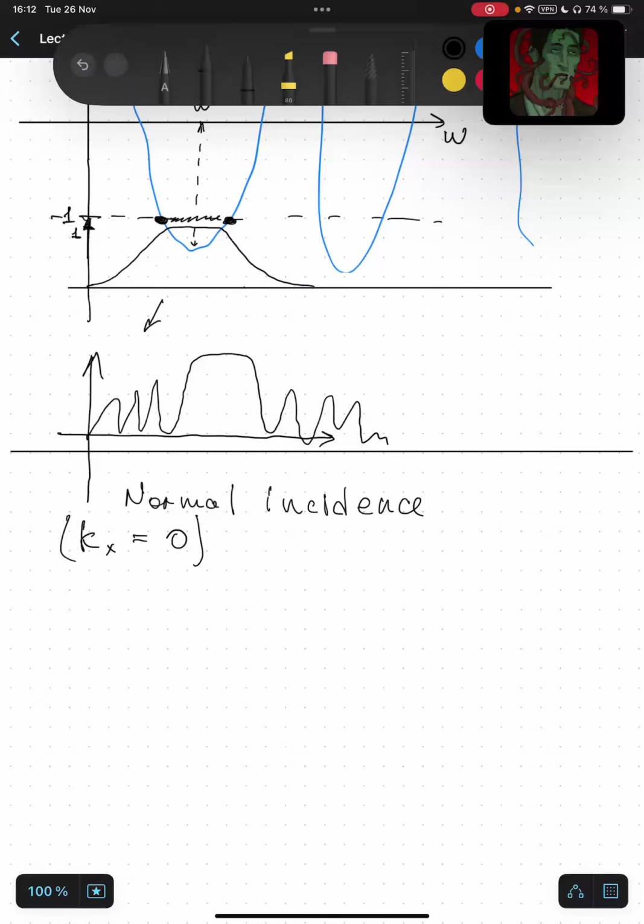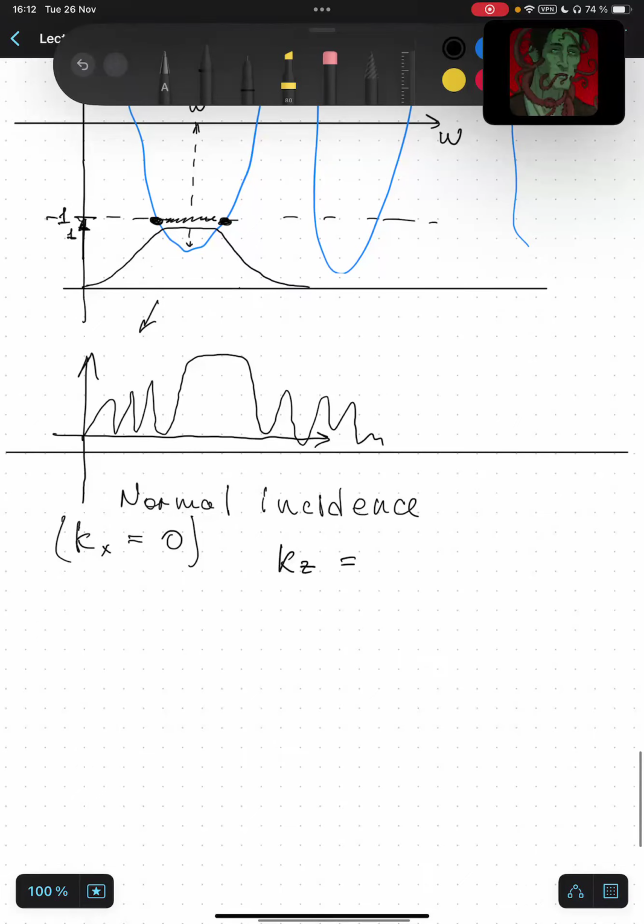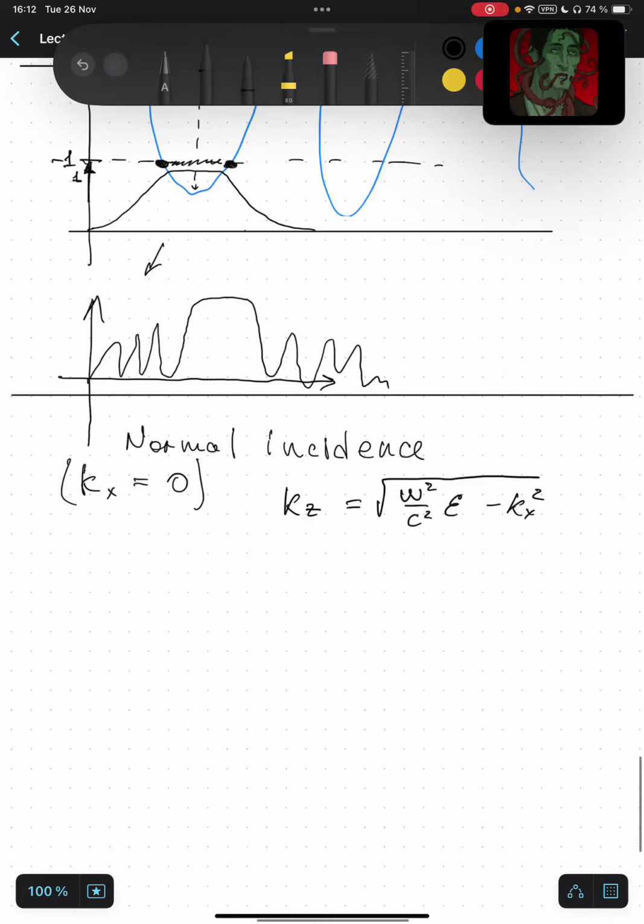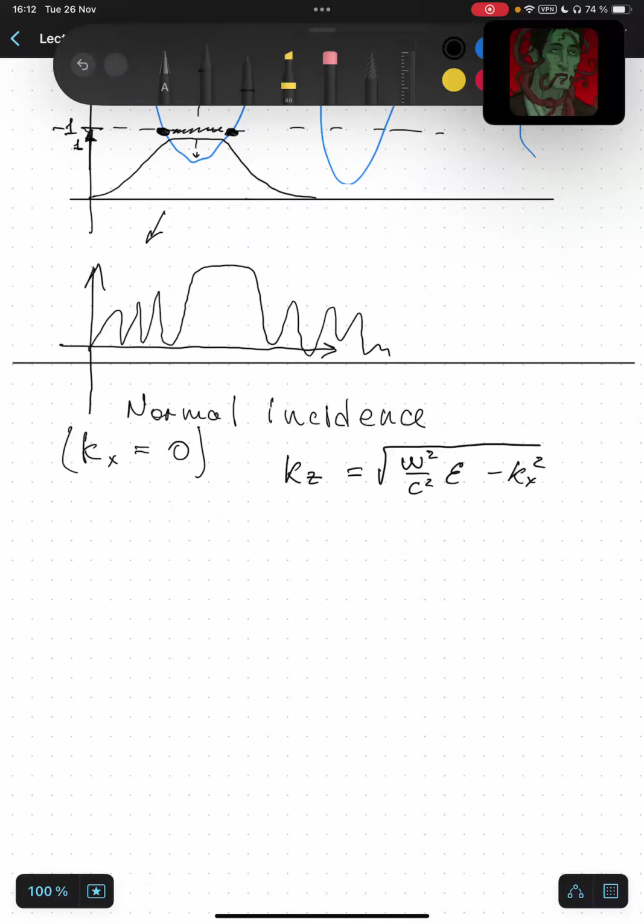Also, I will remind you about the kz. You should remember that kz is a square root of omega squared over c squared epsilon minus kx squared.